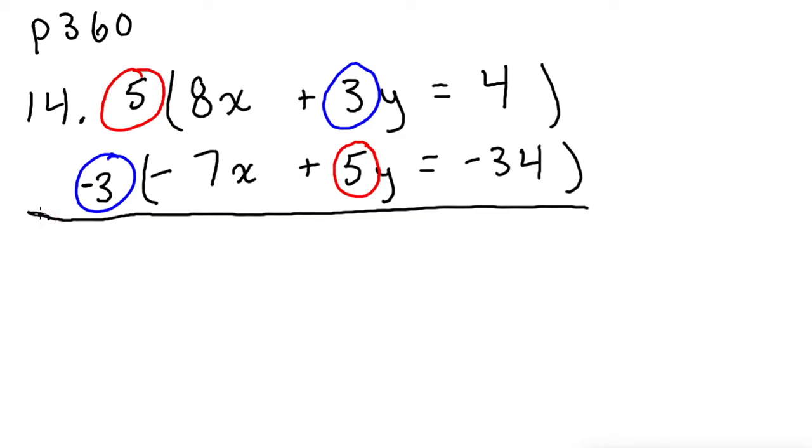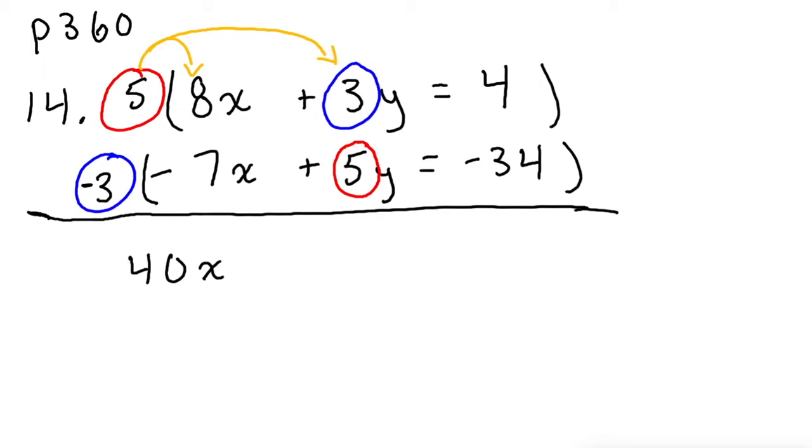So let's do that. We'll do this 5 times this 8. And when we do that, we'll get a positive 40x here. Now we'll have this same 5 times this 3.